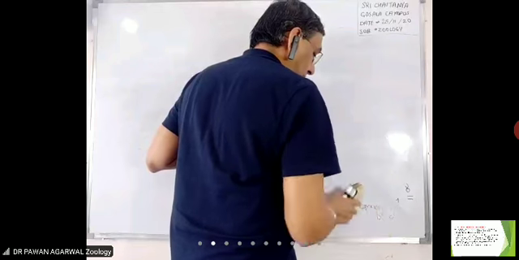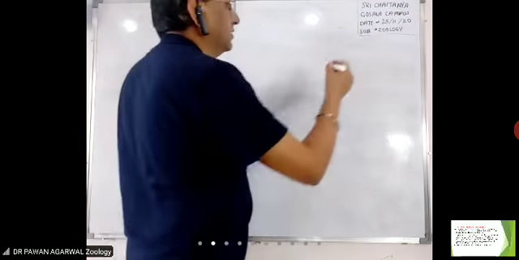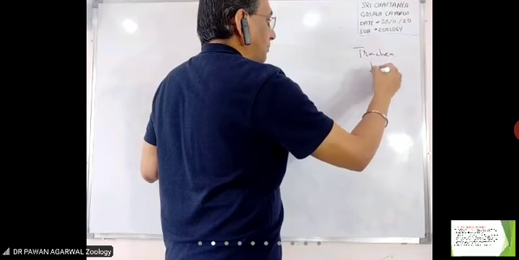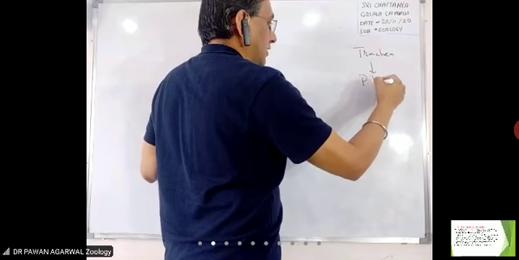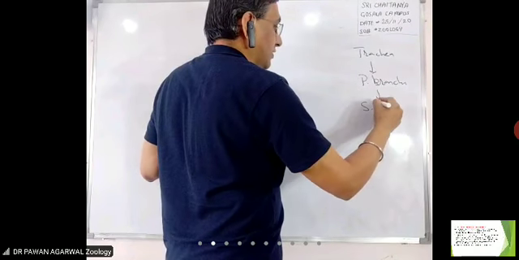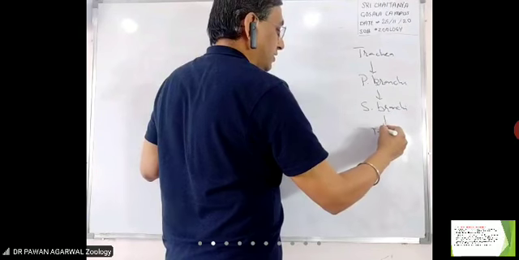I'm saying again, trachea is divided into the primary bronchi. It is divided into the secondary bronchi. Then it is divided into the tertiary bronchi.